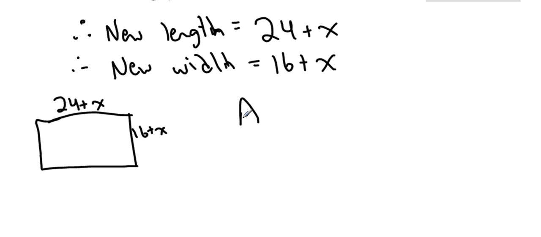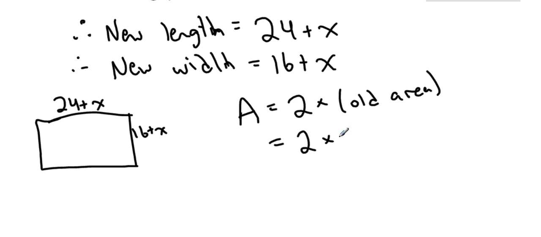And I know that the area is twice the old area. Well, the old area was 24 by 16. So therefore, the new area is just 2 times 24 times 16, which is, handy dandy calculator nearby, 768.